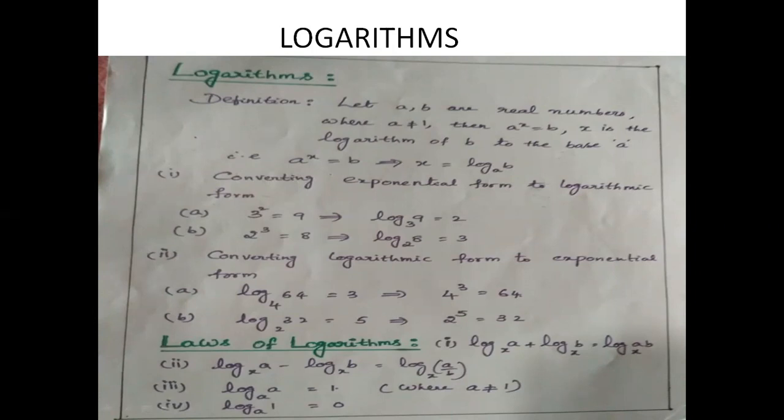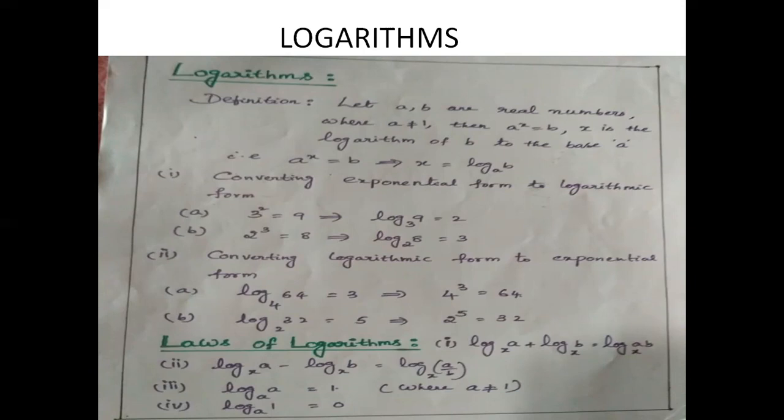Here we will write the short form of logarithm as log in further for solving the sums. You see here x is equal to log b to the base a. Here a is the base and b is the value of a power x. Then x is nothing but the exponent.